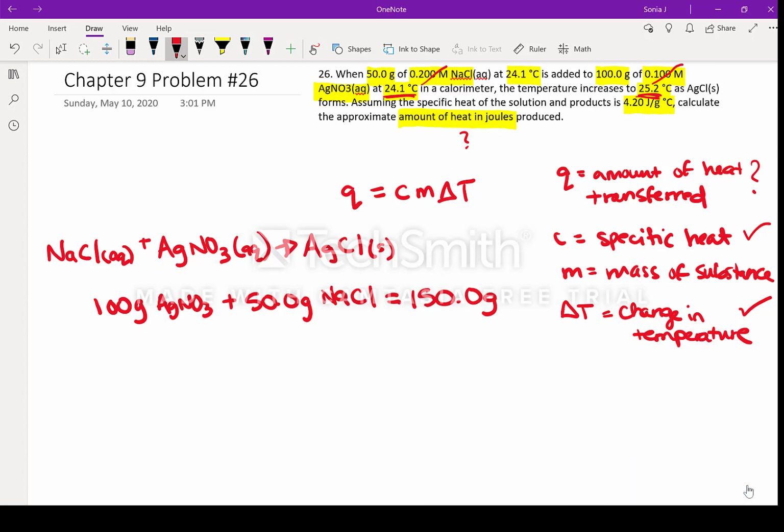So now we'll just plug everything into our equation. Q equals C, which is specific heat, which was given to us, times the mass, which we just calculated, times the change in temperature.